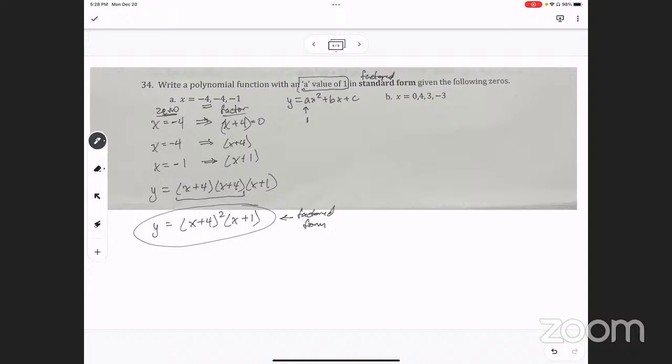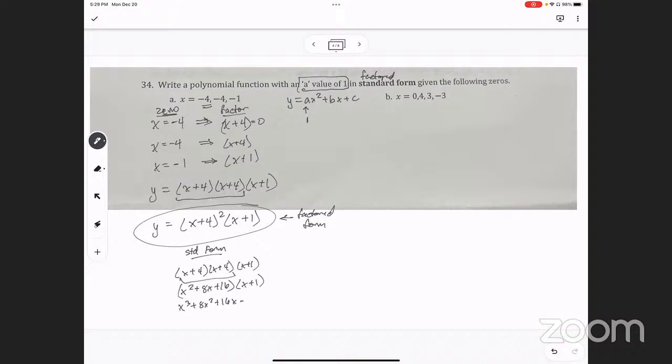If they want it in standard form, then you just need to multiply it out. So (x plus 4)(x plus 4)(x plus 1). The first two give x squared plus 8x plus 16, and then times x plus 1. Multiply the x in: x cubed plus 8x squared plus 16x.